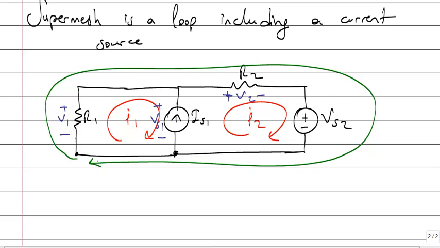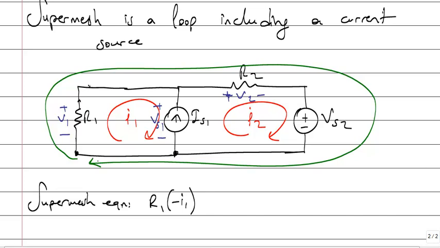Write the super mesh equation. Start from here. There is a voltage increase, so I will say plus V1. V1 is resistance times the current entering from positive, R1 times minus I1. Continue.